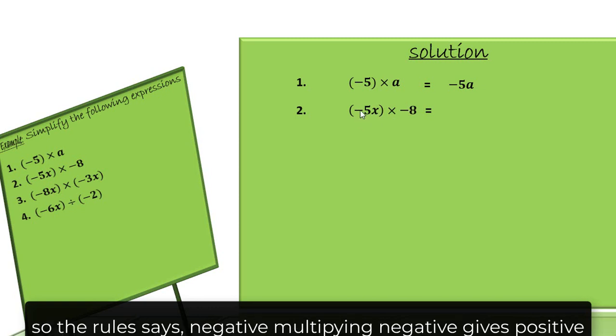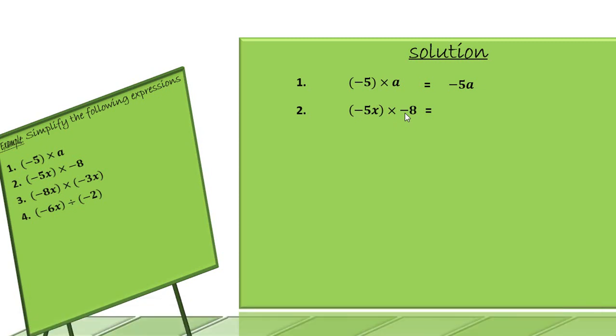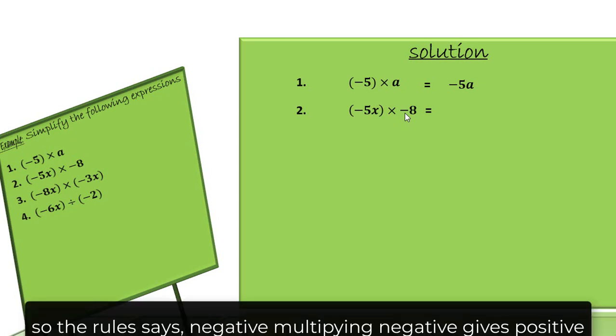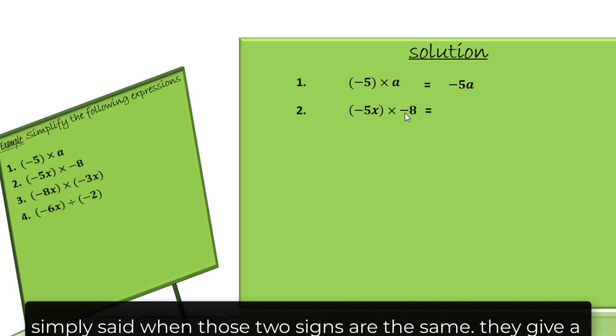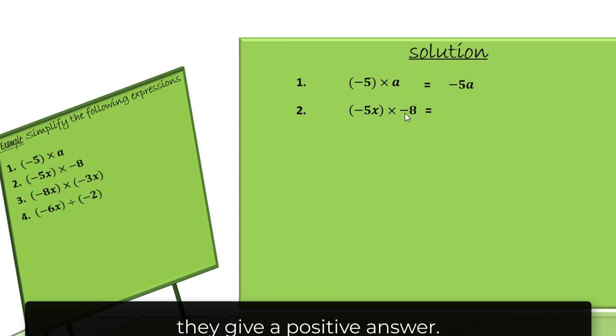The rule says negative multiplying negative becomes positive. When positive also multiplies positive, it becomes positive. Simply said, when those two signs are the same, minus multiplying minus is positive, plus multiplying plus is also positive.